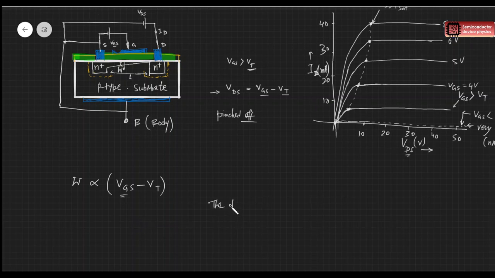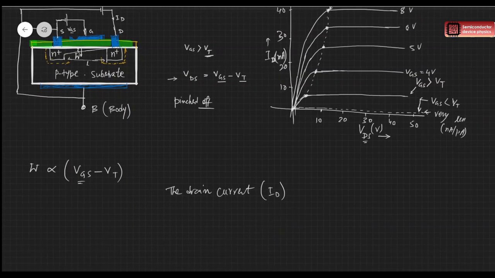So the drain current ID depends on, since we are doing here a p-type substrate and this is the N channel enhancement type MOSFET, right?